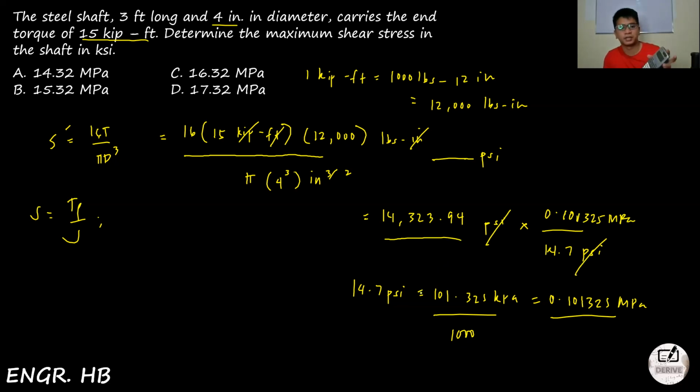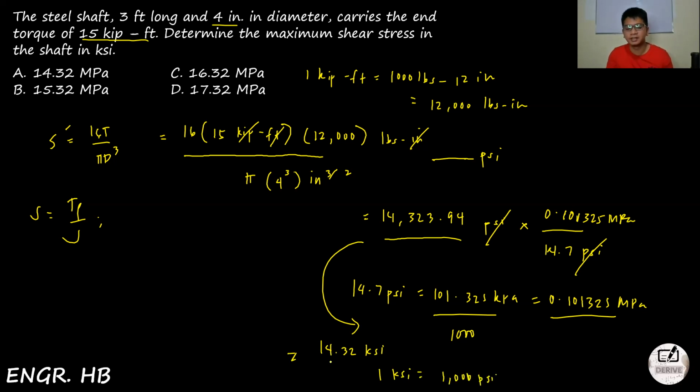As you can see guys, there is no 14,000 there. But when you divide this by 1,000, it will become 14.32 KSI, because 1 KSI is equal to 1,000 PSI.